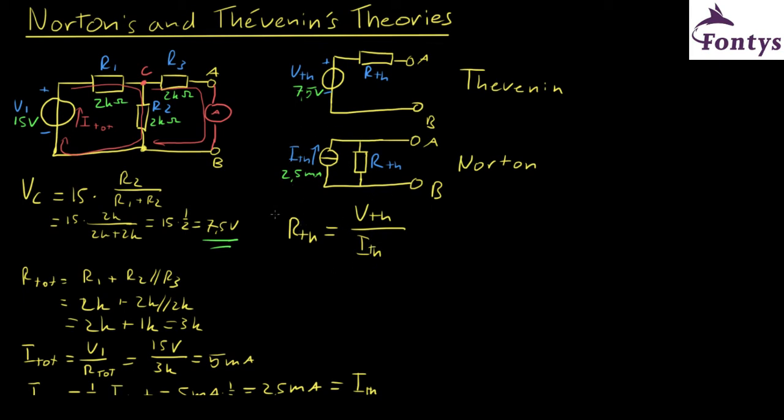And note that the Thevenin resistance is the same for the Norton as for the Thevenin equivalent circuit. So the resistor in these two circuits has the same value if it applies for the same circuit. So by now we only have to fill in those numbers: the Thevenin voltage is 7.5 volts, and the current is 2.5 milliamps. If you type that into your calculator, or if you're very good at math, you will see that the R Thevenin will be 3 kilo ohms.